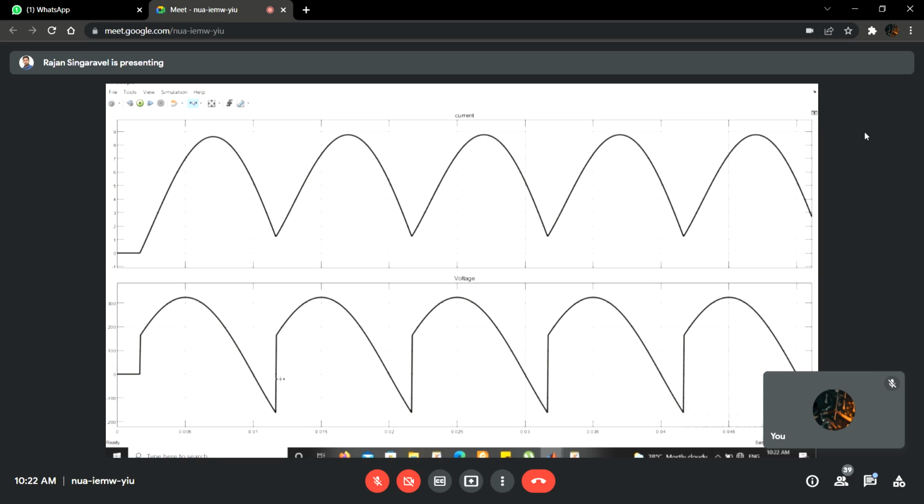For every half cycle, before the current reaches the holding current value, the other pair of thyristors gets triggered, because in this condition alpha is less than your load angle. Alpha is 30 degree, load angle is 39 degree. So the current becomes continuous. And in this case, if you see the voltage waveform, you have more negative voltage.